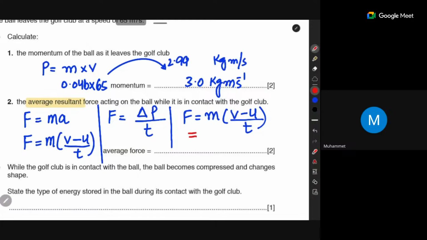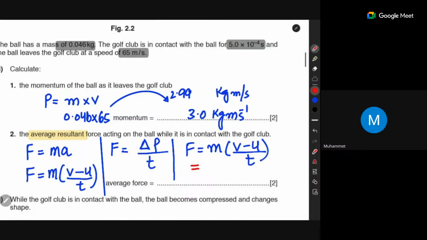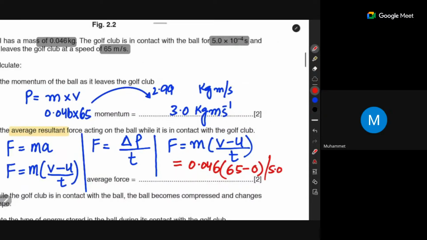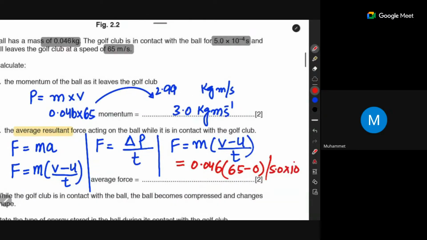So place the values. The mass is 0.046, into velocity 65 minus initial velocity 0, divided by time 5.0 × 10^-4 second. So what will be your answer?